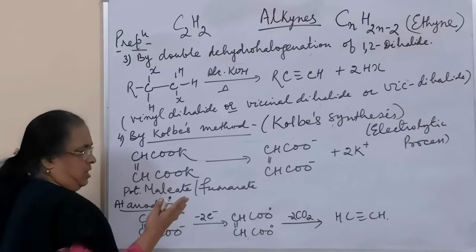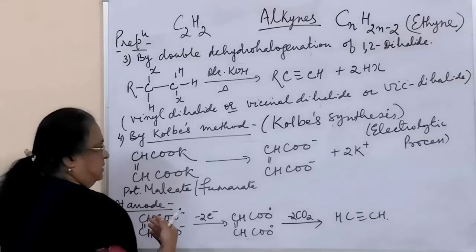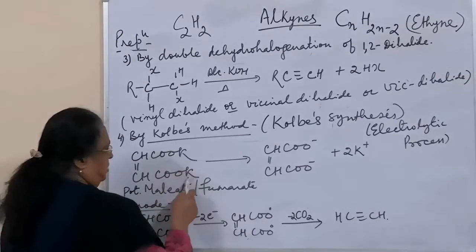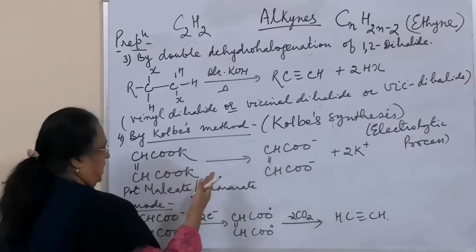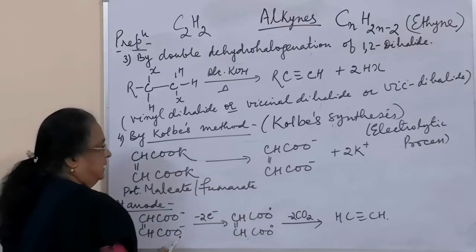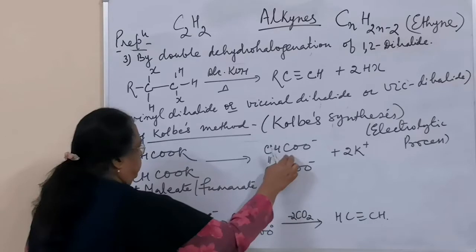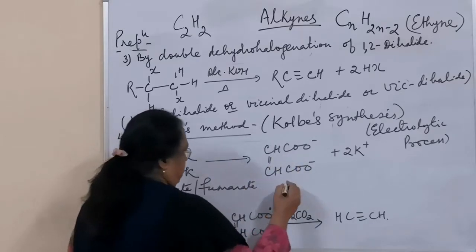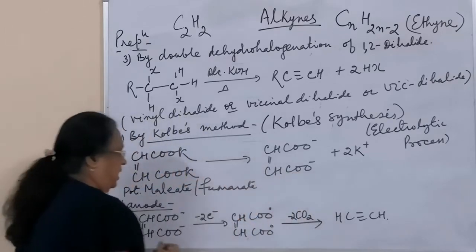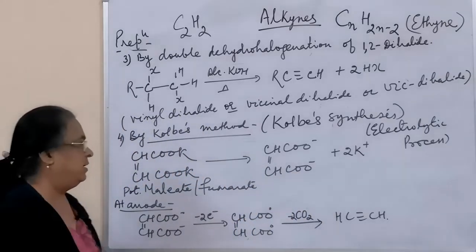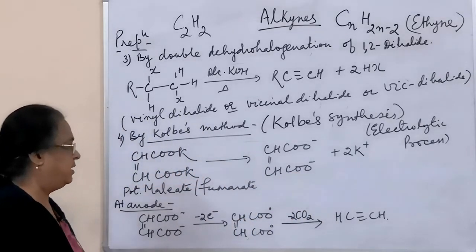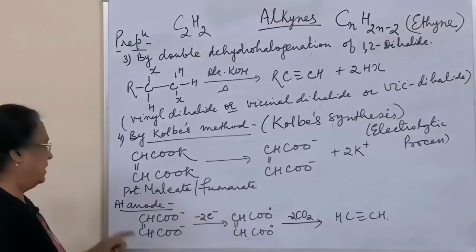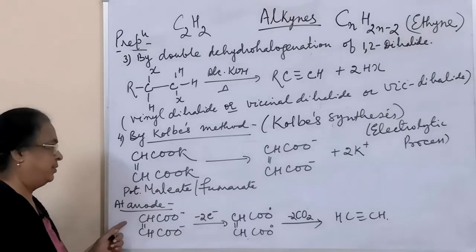and when current is passed through its solution, the potassium ion separates as it ionizes, and we get either the maleate ion or the fumarate ion. The negatively charged ion will be attracted to the anode, so the reaction at the anode is important.